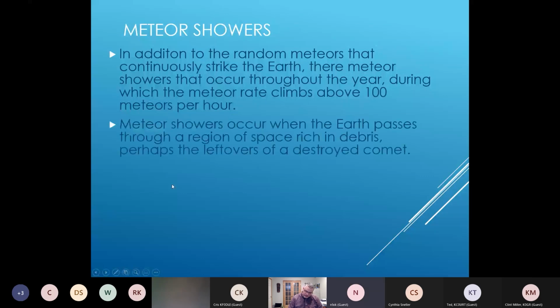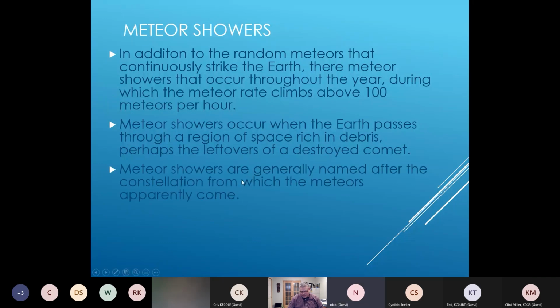In some of the early meteor scatter work, where people tried to make contacts with single sideband or CW, oftentimes you would just do it during a meteor shower, when you had a much greater rate and a much better chance of getting your signal through. The meteor showers occur when the Earth passes through a region of space rich in debris, probably from a comet. When you see the Perseids, the Geminids, they're named after the constellation from which most of the meteors usually come.